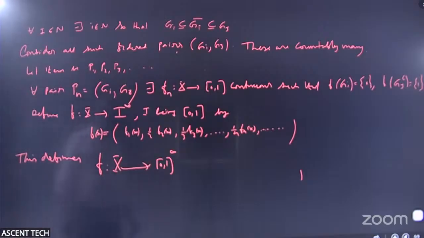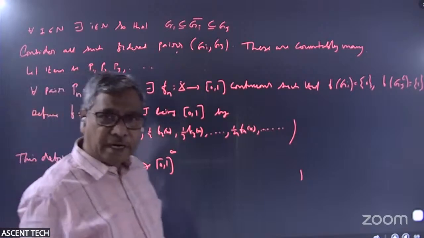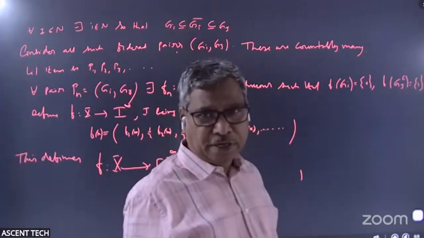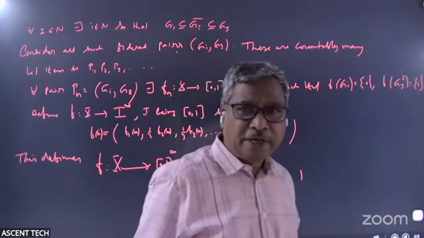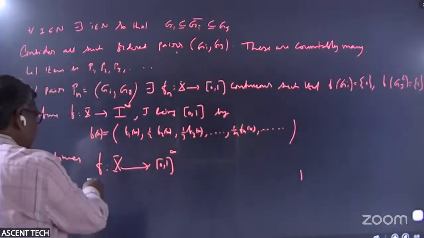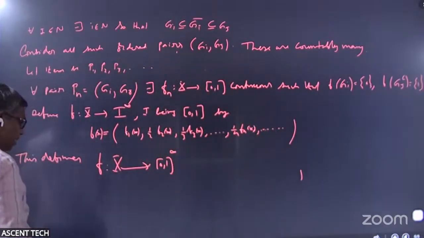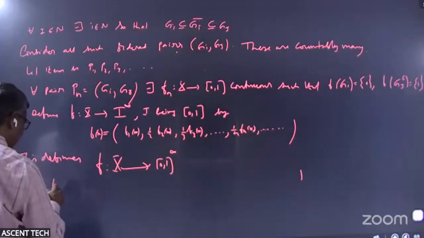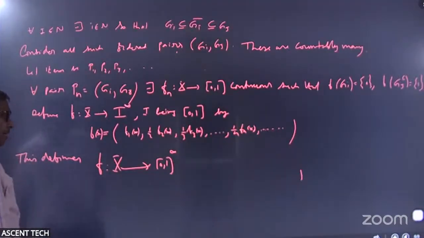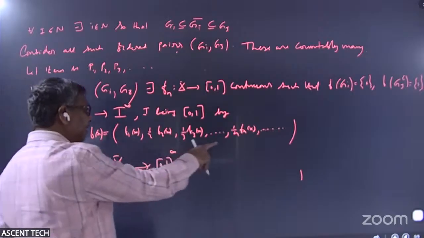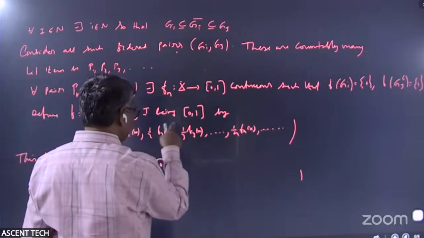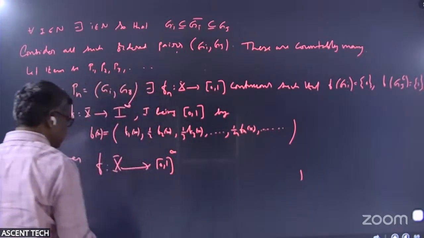I want to show it's continuous, a bijection, and its inverse is also continuous. Bijection is not going to be very difficult. First of all, I put 1 by 2, 1 by 3, 1 by n for the following reason.